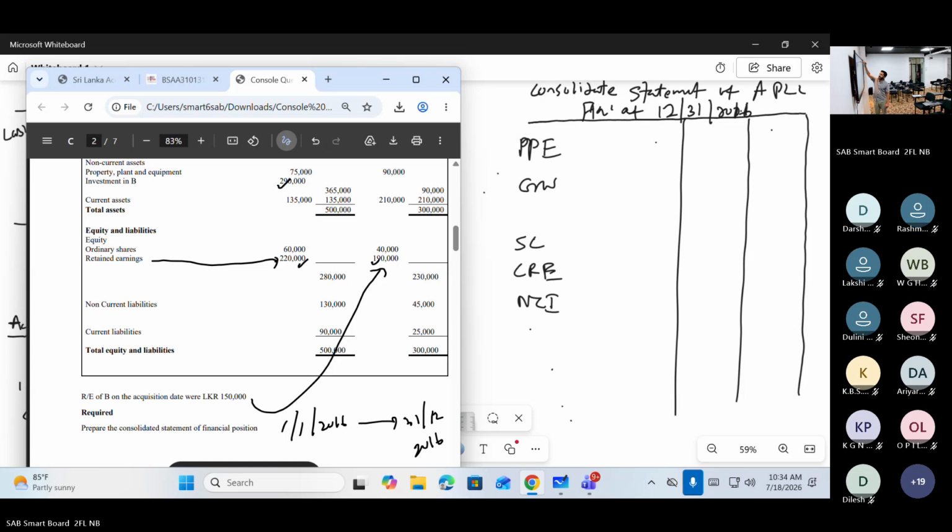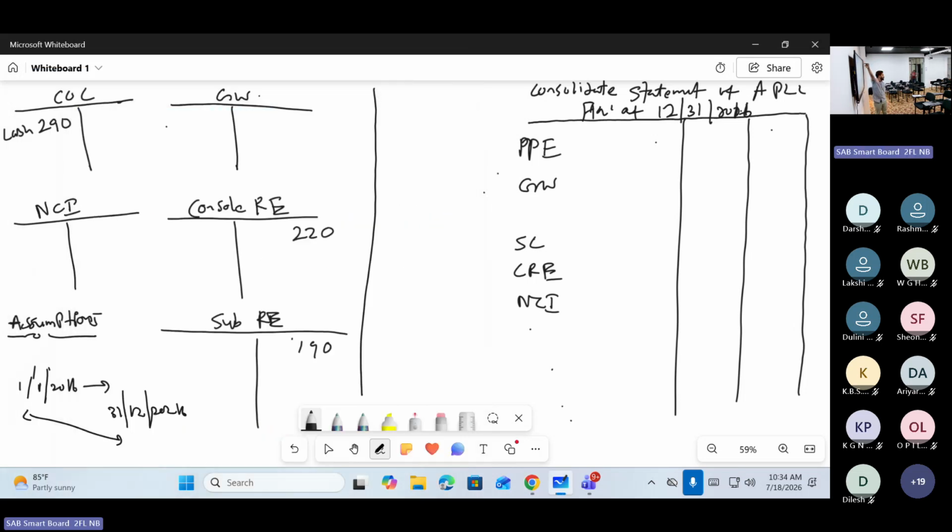Then, for the goodwill calculation in the cost of control account, what are we supposed to do? We need the consideration and the net assets as at the acquisition date.